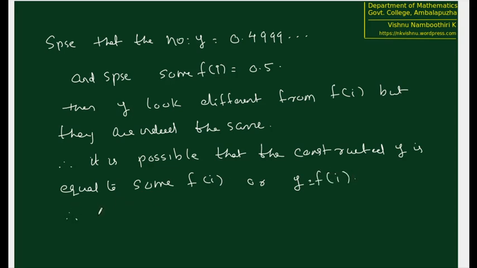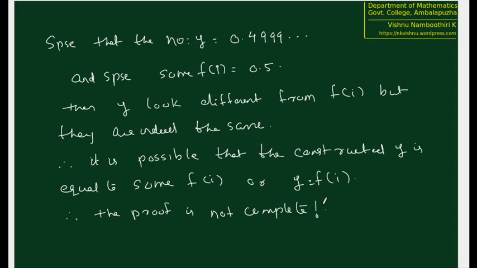So the proof is not therefore complete. We thought that the proof is complete because we assumed that the decimal representation is unique, and we constructed a number which does not have the same decimal representation as any of these f(i)'s, and therefore we assumed that it's a new number. But it is possible that the number we constructed is 0.499..., and one of these f(i) is 0.5.